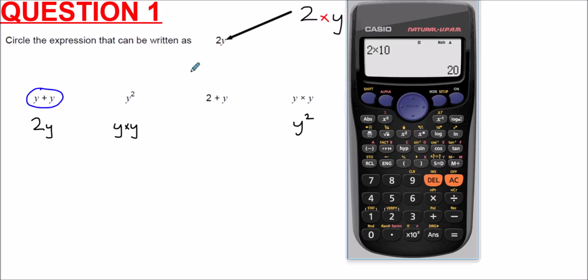And if you're still having y equals 10, then the only one of these expressions which would also be 20 would be this one here, because 10 plus 10 would also give 20. The reason I'm labouring question 1 a bit is because it's really, really important you do well on these first questions to get your grade 4. So question 1, we need to circle y plus y.